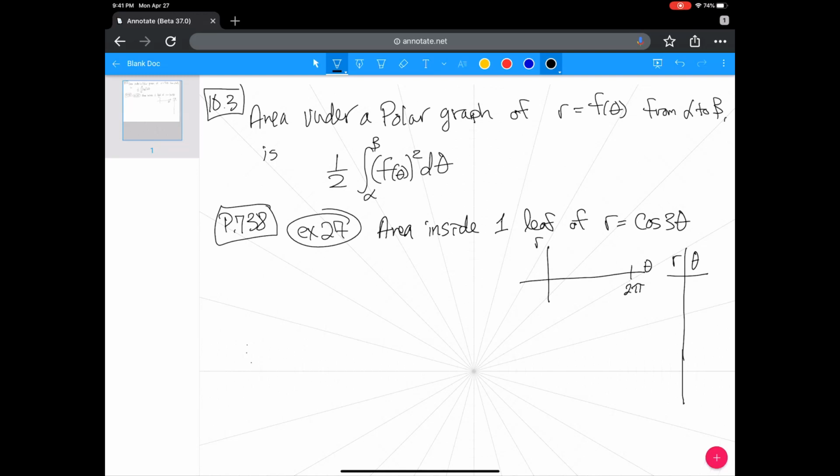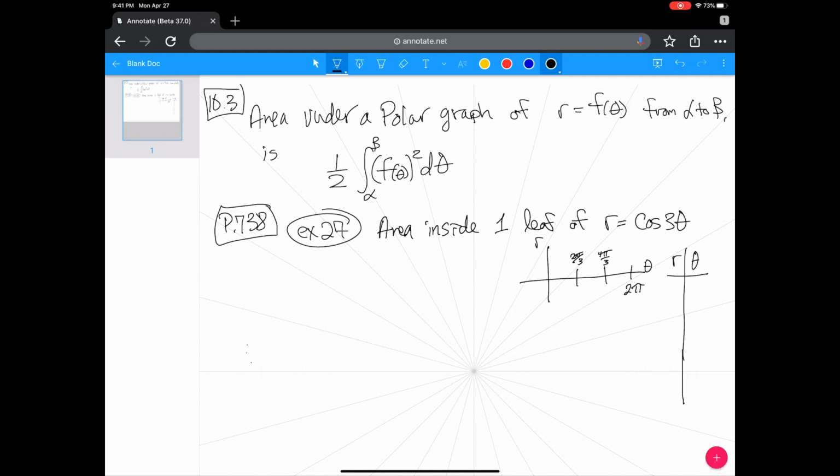So if I take this range of 2 pi and divide it into thirds, each segment is going to be a complete cosine cycle: 2 pi over 3, then 4 pi over 3, and then 6 pi over 3, which is 2 pi.